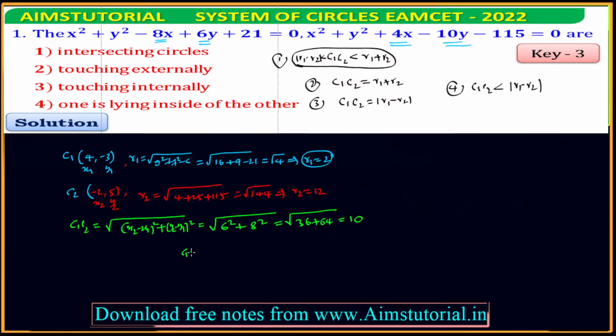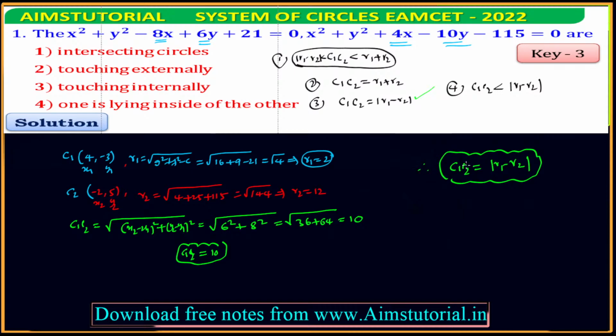So C1C2 equals 10, R1 is 2, R2 is 12. Here C1C2 equals R1 minus R2, since 12 minus 2 is 10. So our circles touch each other internally.